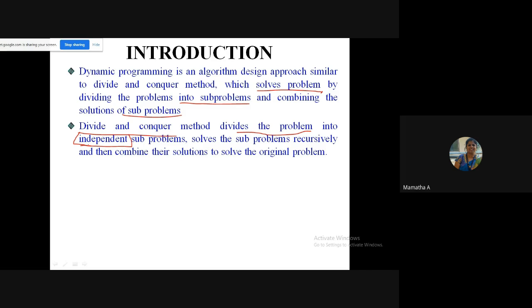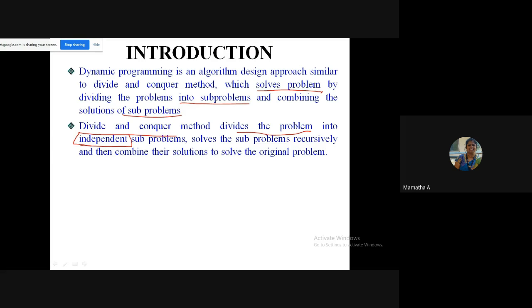Sub-problem 1 is independent of 2 and 3, and 2 is also independent of 1 and 3. It is not like to get the solution of sub-problem 3, sub-problems 1 and 2 have to be solved. Not required. So you can solve them independently, and then I combine their solutions to solve the original problem.